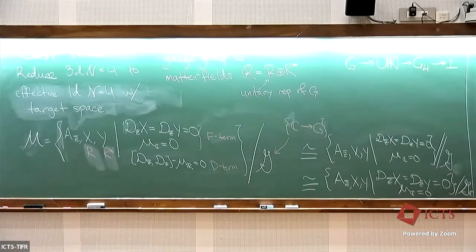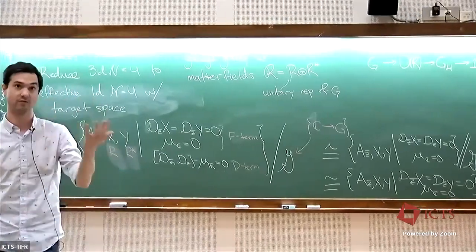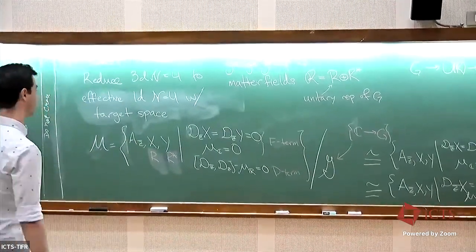In doing this reduction, we ended up landing on an effective target space. This is like that Kähler manifold I talked about before. And the effective target space in this context was some version of the vortex moduli spaces that we've been seeing in the other lectures.